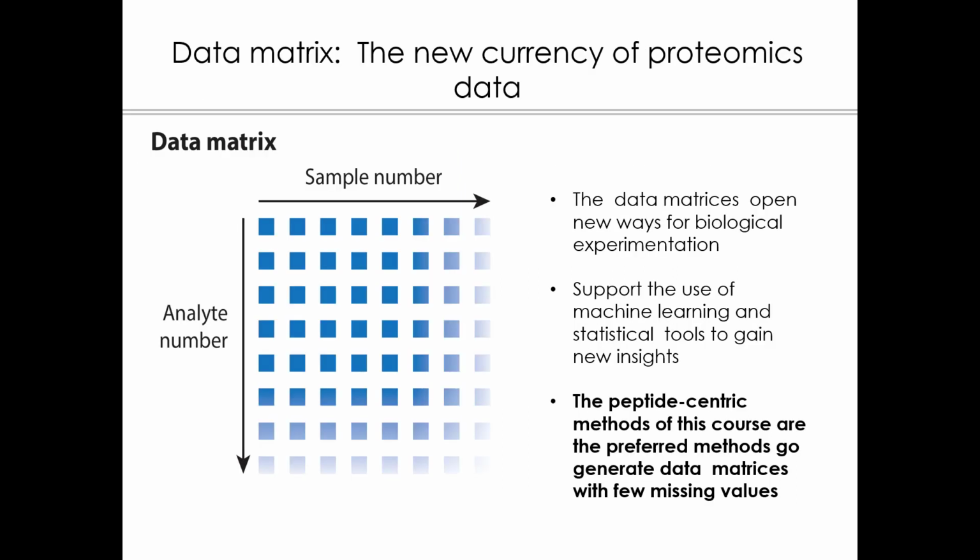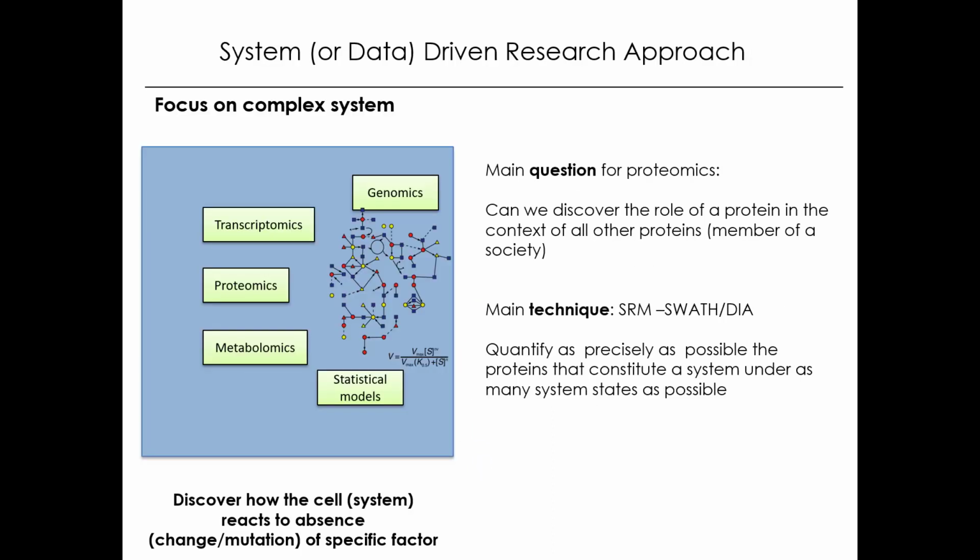So it's really two different questions. For the first one, discovering factors, DDA is great. For finding out how the systems react, DIA is great. And as I will show later on, neither by itself is probably sufficient, and we need a combination of both.